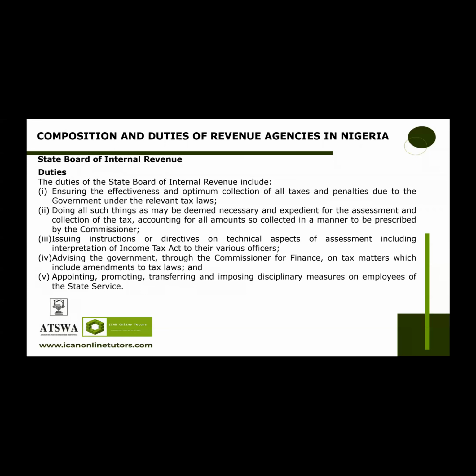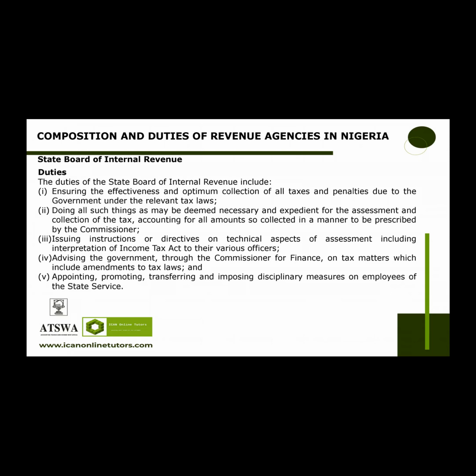So now let's take the duties of the State Board of Internal Revenue. Their duties include to ensure the effectiveness and optimum collection of all taxes and penalties due to the government, that is the state government, under the relevant tax laws, doing all such things as may be deemed necessary and expedient for the assessment and collection of the tax, accounting for all amounts so collected in a manner to be prescribed by the commissioner, issuing instructions or directives on technical aspects of assessment, including interpretation of the Income Tax Act to their various officers.